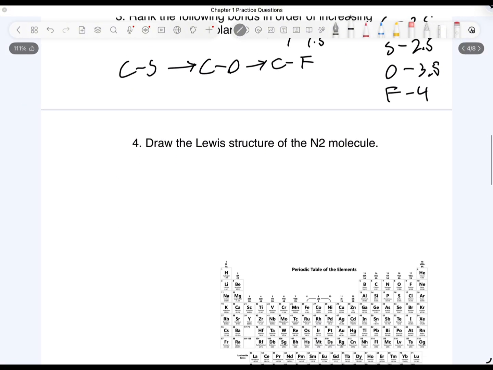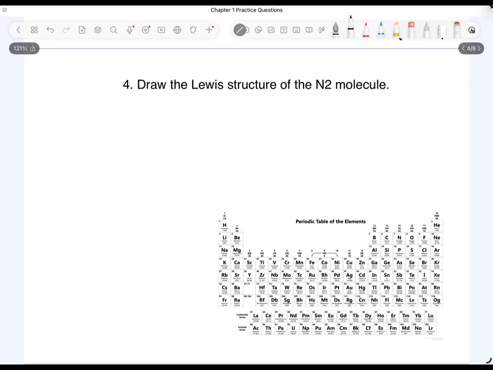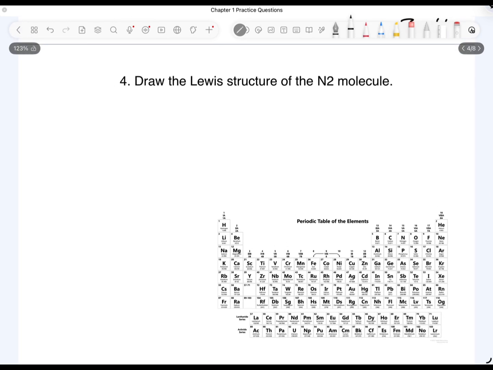Now, question number 4 says, draw the Lewis structure for the N2 molecule. Now, it's important to note the valence electrons for nitrogen. Nitrogen has 5, and since there's 2 of them, we're working with 10 valence electrons in total. So, let's first draw out the nitrogens.